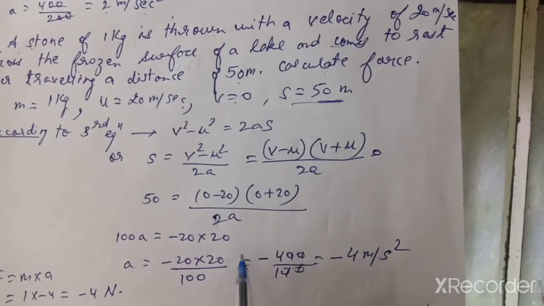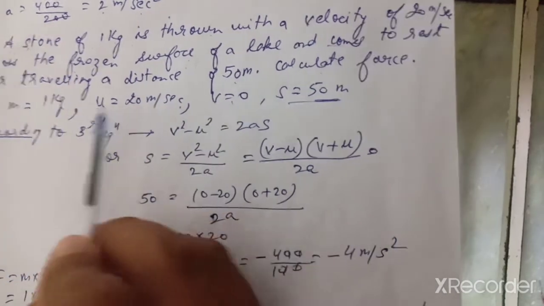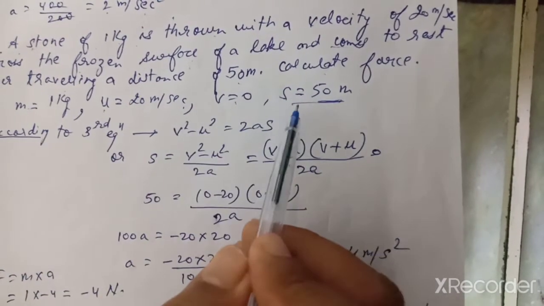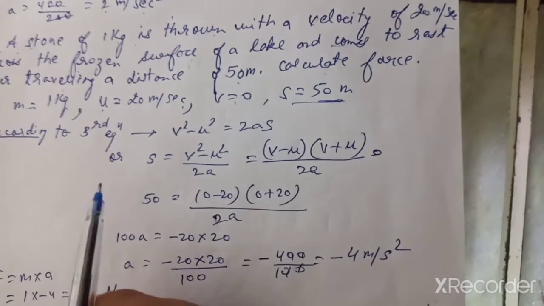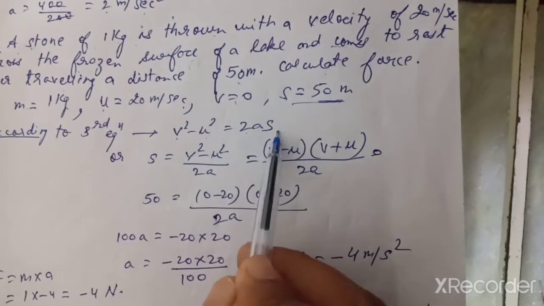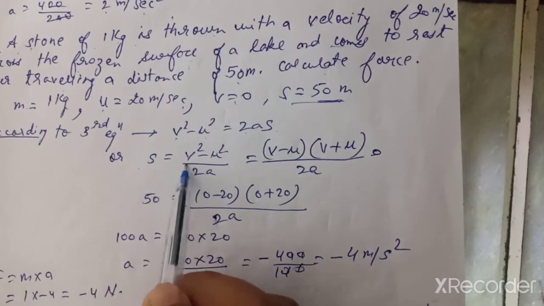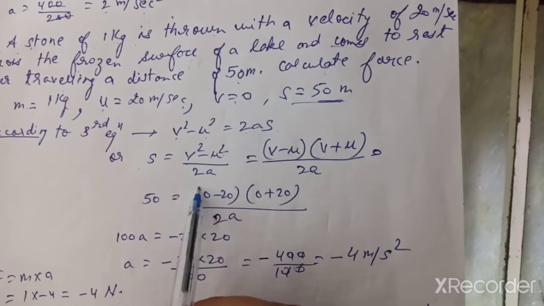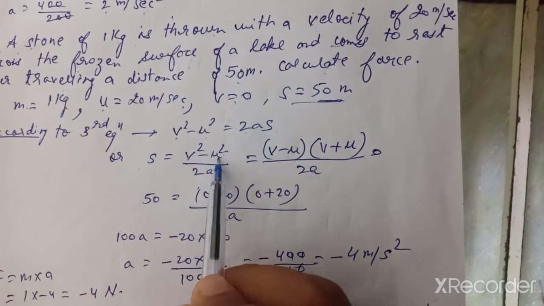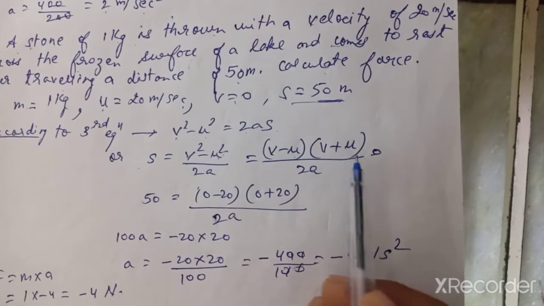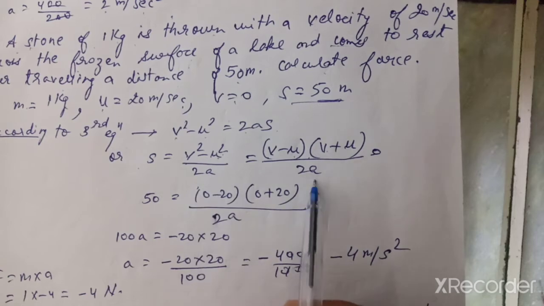Now as per the given condition, you have to calculate the acceleration first. Since v, u and s are given and no time is there, we can use the third equation, v square minus u square equal to 2as. So s will be equal to v square minus u square upon 2a. We know that a square minus b square can be written as a plus b into a minus b. So here we write v plus u and v minus u, and 2a as it is.